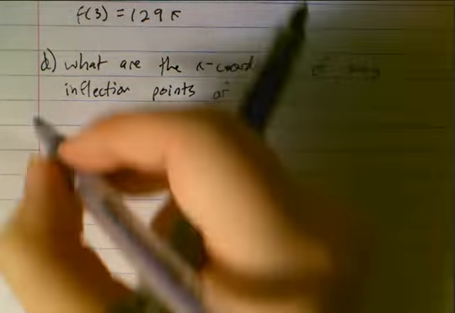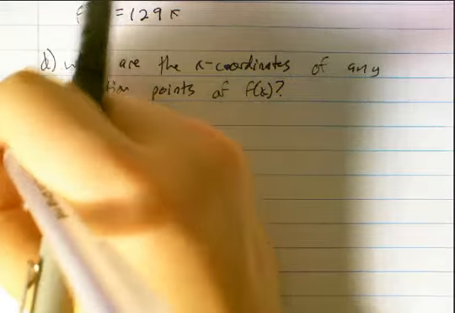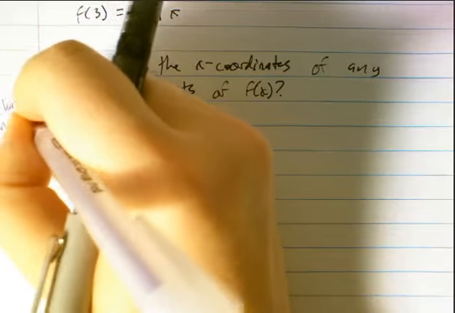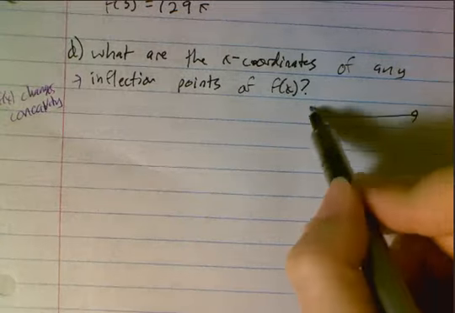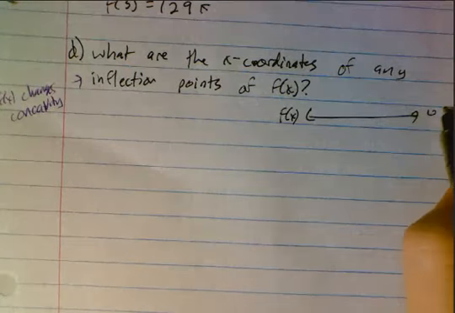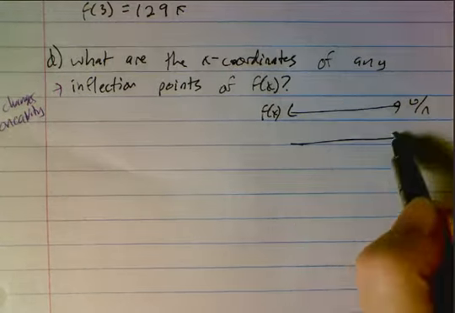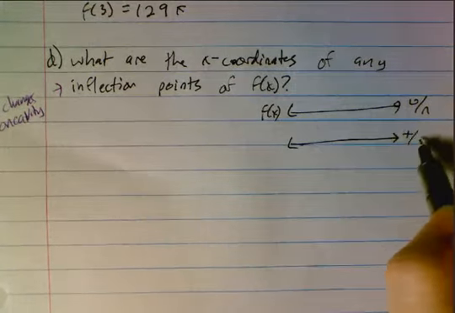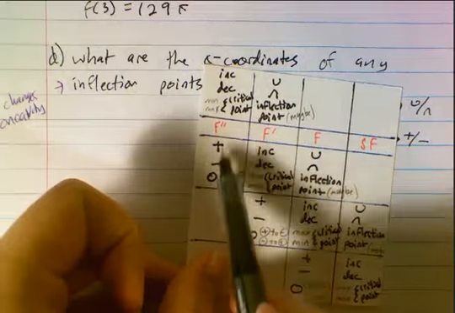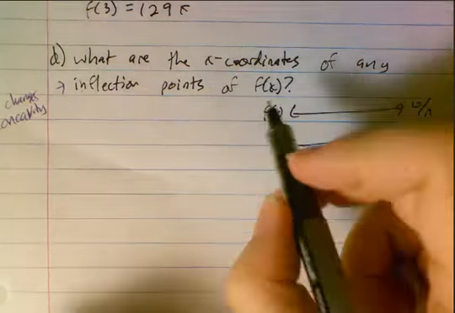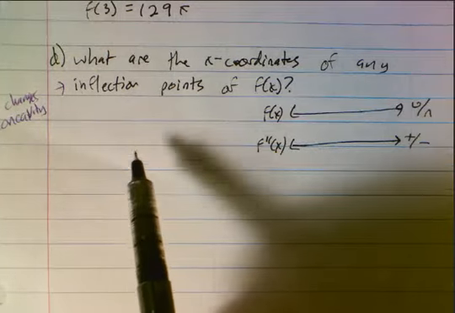Remember, inflection points mean f of x changes concavity. So the line I'm going to draw is going to be f of x, and it's going to be the concave up, concave down one. I've got to translate that into positive, negative. Concavity in f double prime is positive, negative. So that means I need the equation for f double prime.